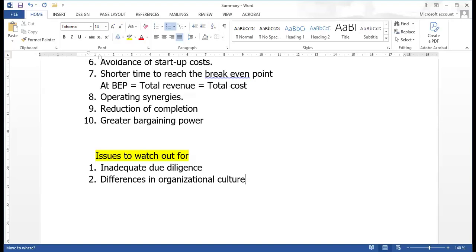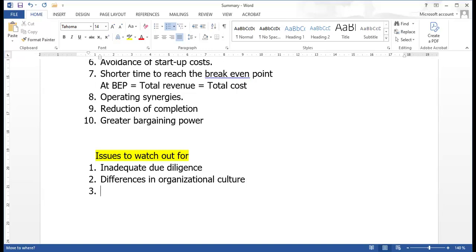All these things can really affect. This can create misunderstandings and resistance among employees if there are different organizational cultures. So it's something that you really need to know, things to watch out for as you enter.